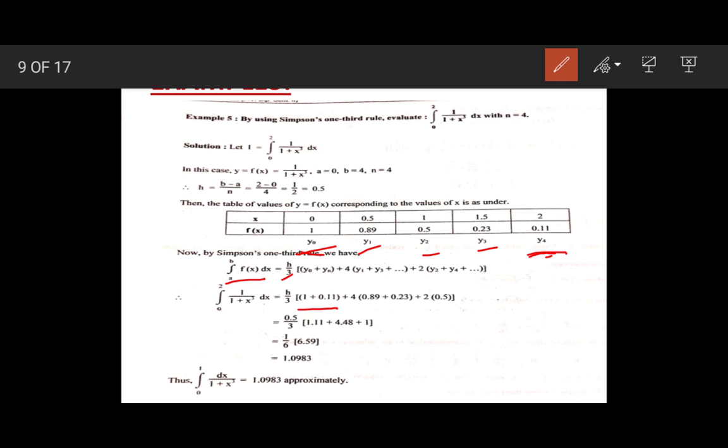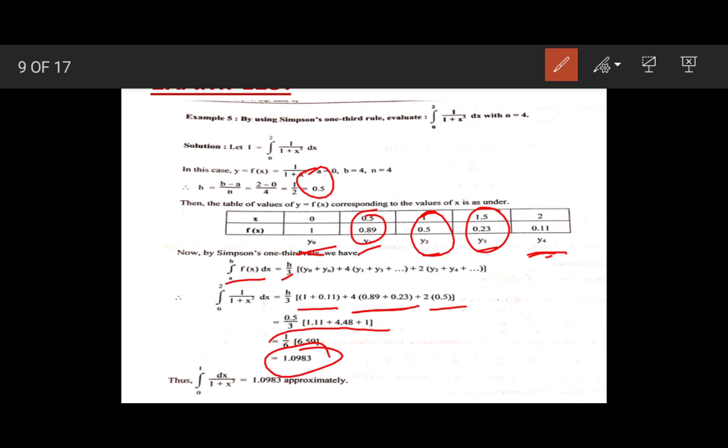So 1 plus 0.11 plus 4 into odd values. So plus 4 into odd values are 0.89 plus 0.23 plus 2 into even value. So plus 2 into 0.5. Now h is 0.5. So this will be 0.5 upon 3 into this.